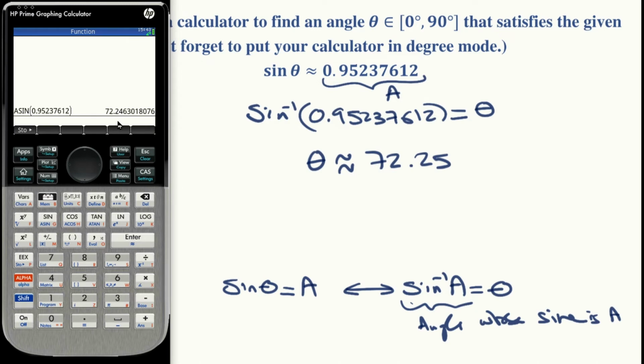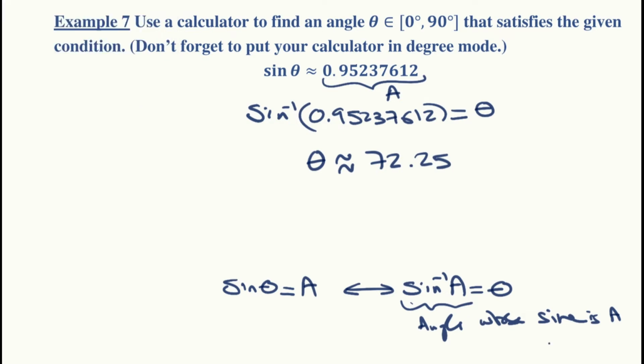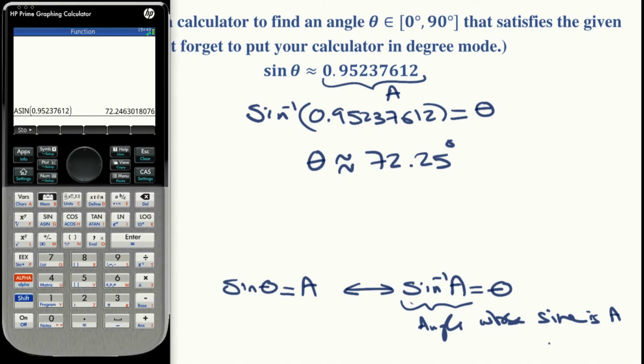So what does that mean? That means if I take the sine of this number, let's be consistent and put our degrees on that, since it is an angle. Here's a quick check: if I take the sine of 72.25 degrees, I should get something very close to that number that we started with. And notice we do.